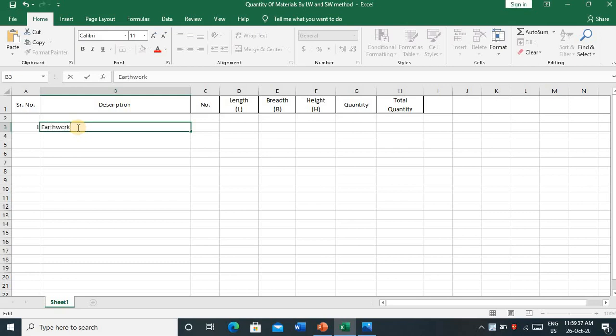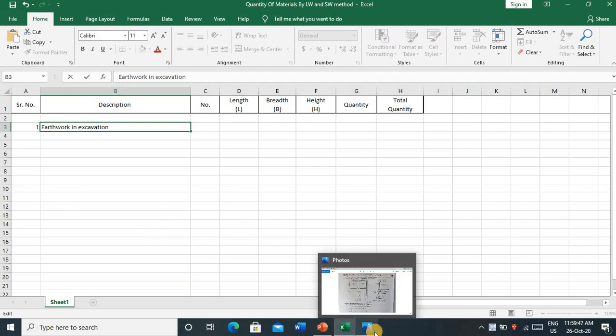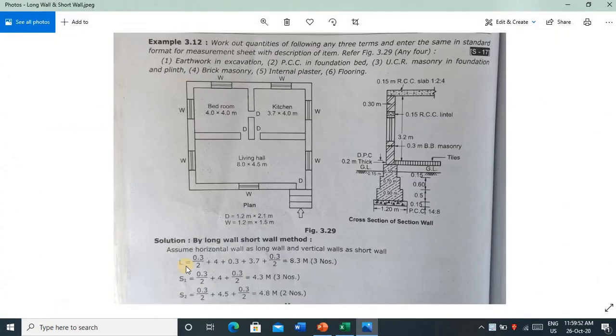Earthwork in excavation. Okay, so earthwork in excavation. Now we need to see how we have calculated the long wall length, and it is calculated as 8.3 meter.